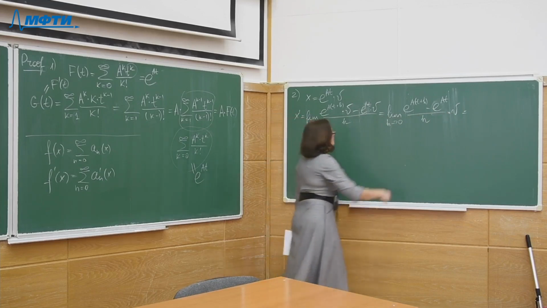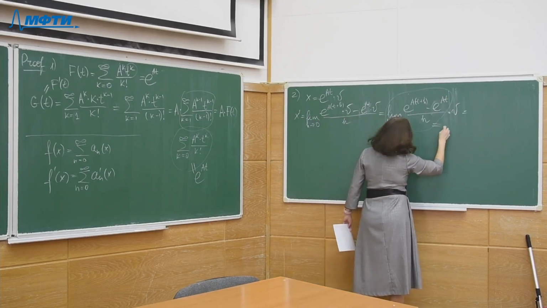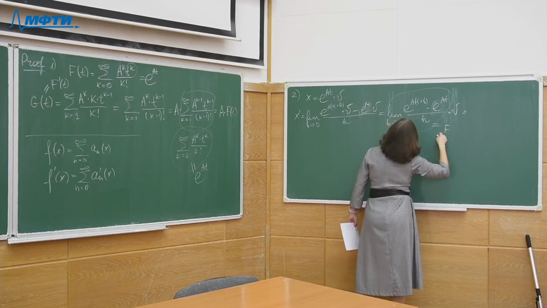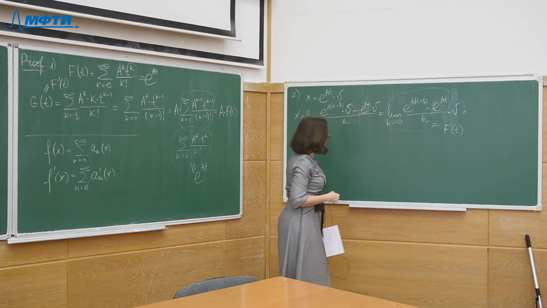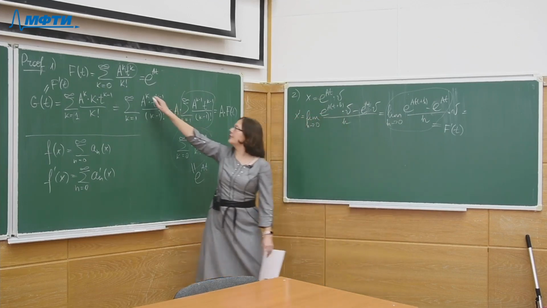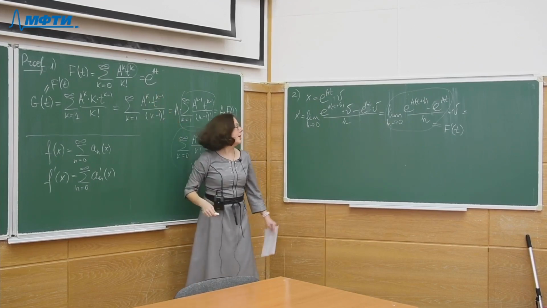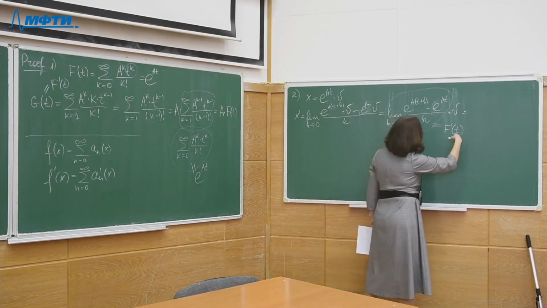Okay, but this by definition is equal to f prime of t, because f of t was defined by this formula, and so this is the derivative of the matrix function f of t.